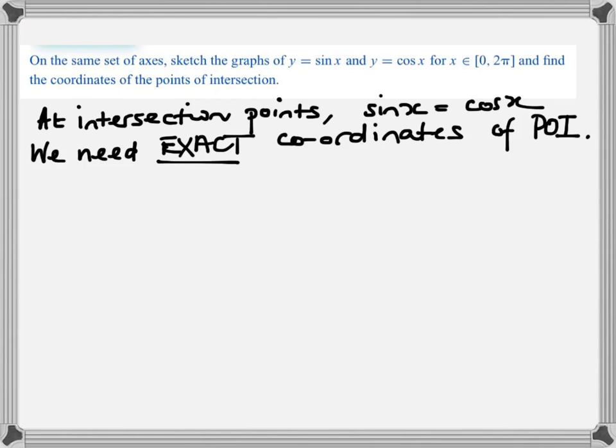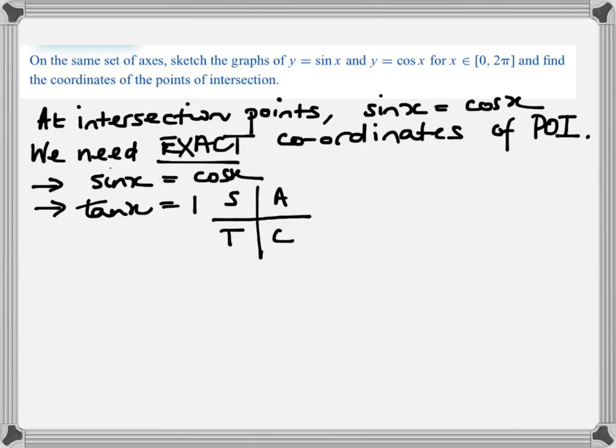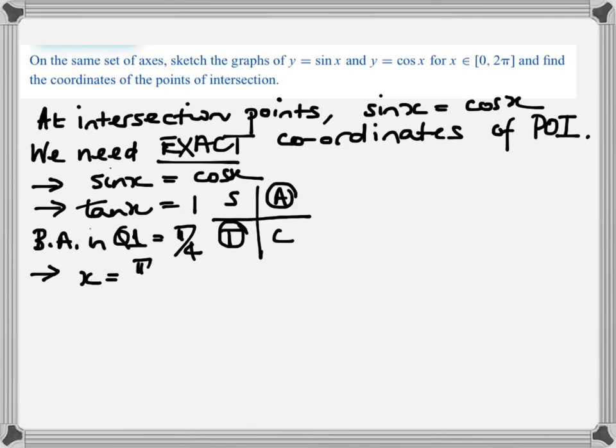Therefore, using our technique where we divide both sides by cos, we get tan x equals 1. Well, that's again beautifully simple. And we know that the quadrants we need are 1 and 3, and the basic angle, which has a tangent of 1, is pi on 4. That's what it is.